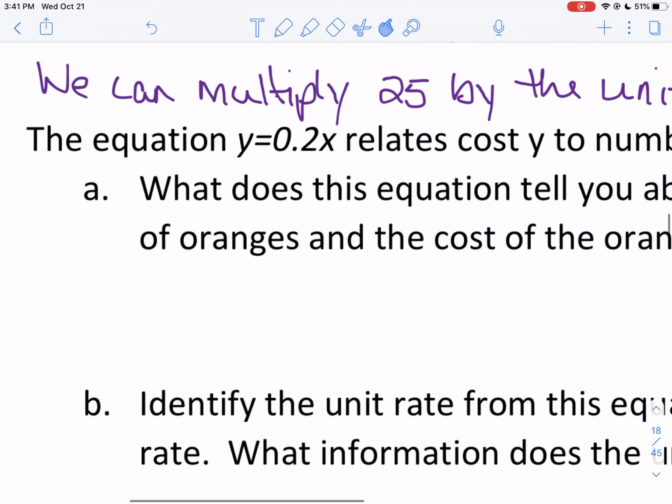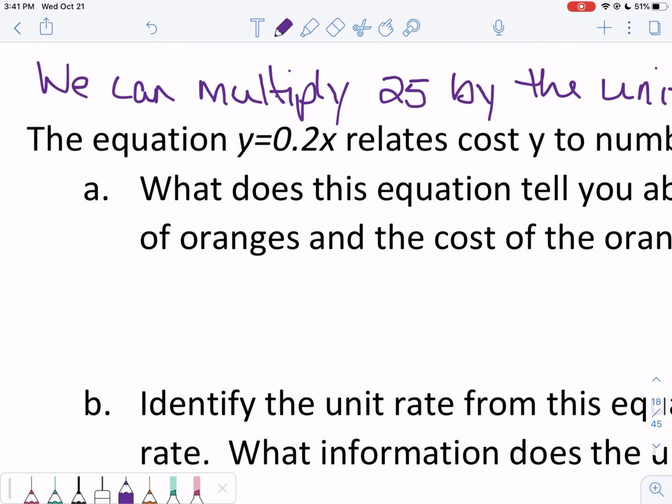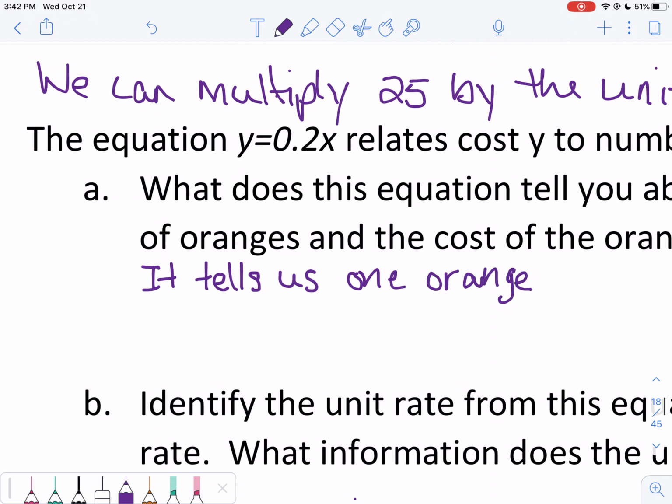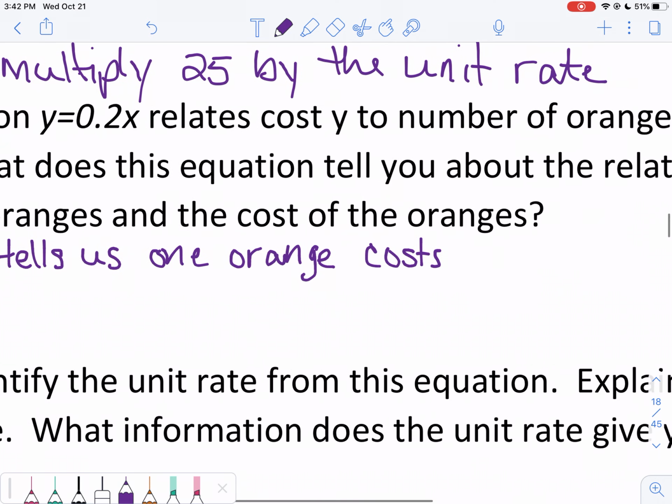So this tells us 1 orange costs 20 cents.